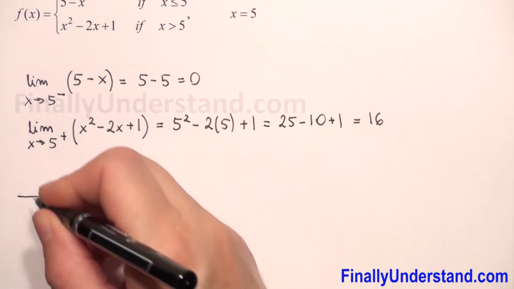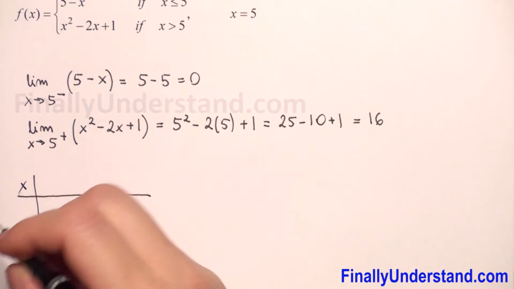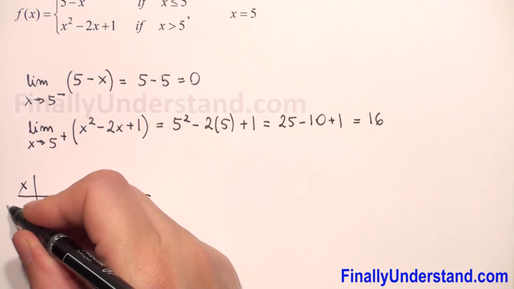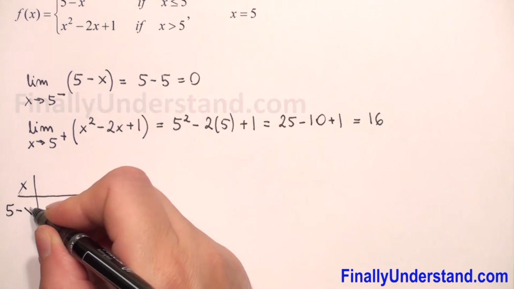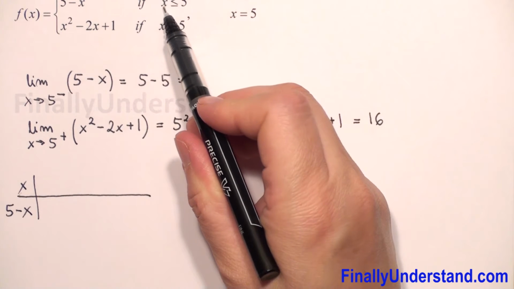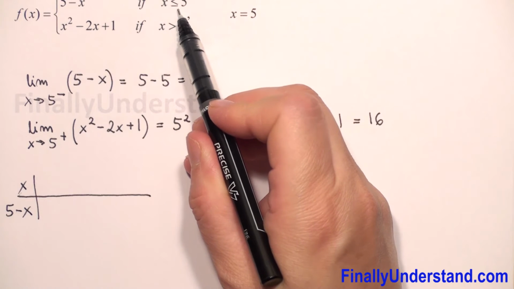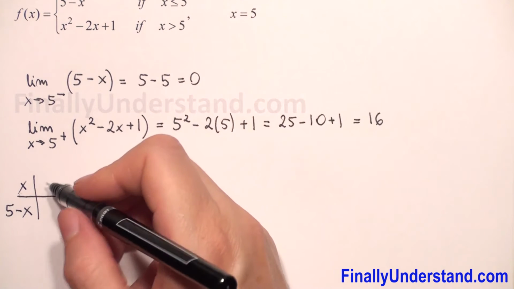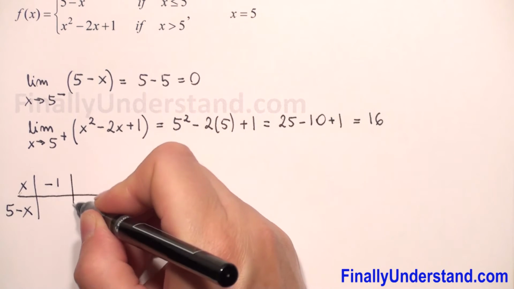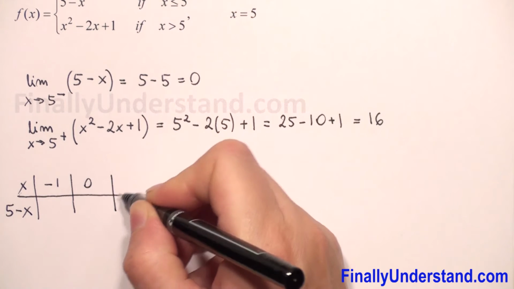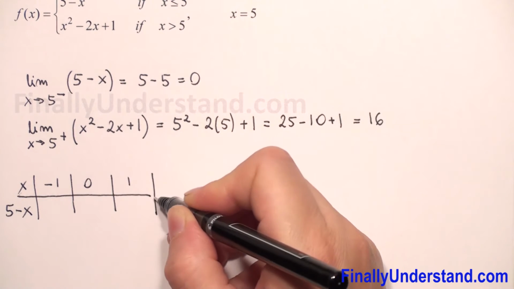First, we have the function 5 minus x, and we have to choose x less than or equal to 5. So let's use -1, 0, 1, and 5.